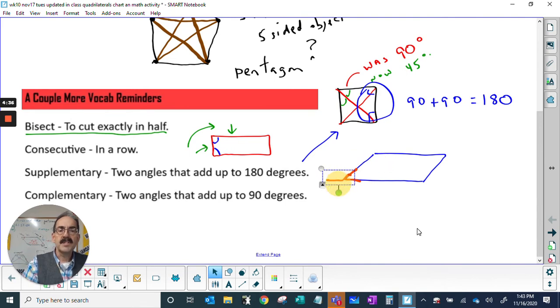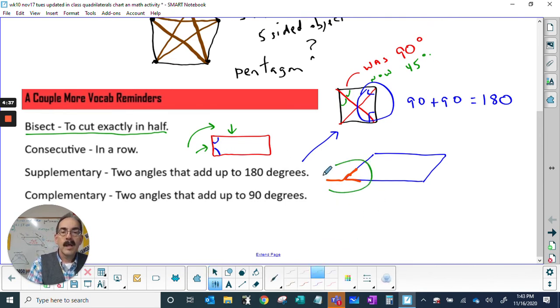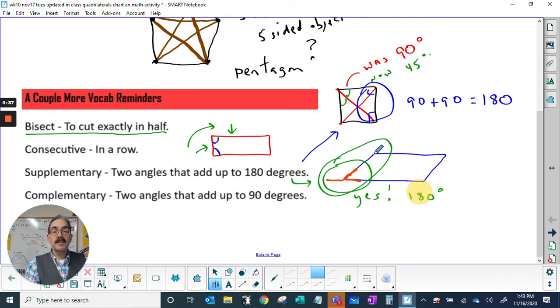Can you see how I just created 180 degrees? So these two angles are supplementary. Okay, let's do that again.